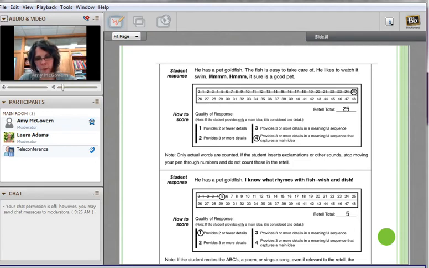But basically what you're doing is counting the number of words the student retells, and every word that isn't a word like 'the' and 'and' gets counted as long as it's related to the story. And then you're also listening for a qualitative response to how many details the student provided, and they give you a nice rubric. And this all gets factored into that composite score.